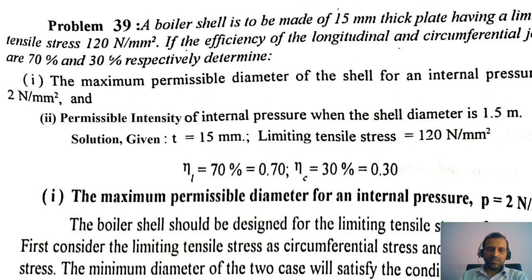The next problem: a boiler shell is to be made of 15 mm thick plate having a limiting tensile stress of 120 Newton per mm square. If the efficiencies of the longitudinal and circumferential joints are 70% and 30% respectively, determine first, the maximum permissible diameter of the shell for an internal pressure of 2 Newton per mm square, and second, the permissible intensity of internal pressure when the shell diameter is 1.5 meter.